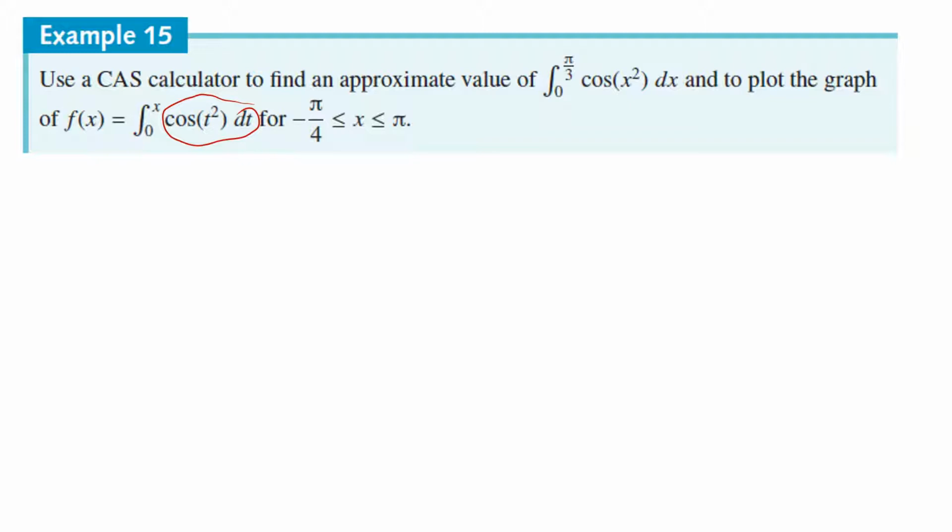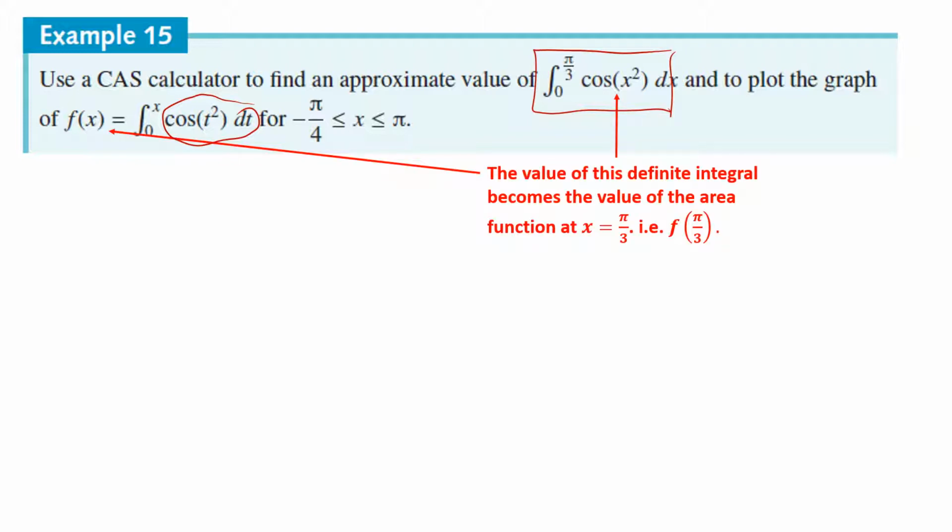Now, of course, this value can be obtained directly from your CAS, no big deal. But let's have a play with this net signed area function and see what we come up with. So the value of this definite integral becomes the value of the area function under the cos x squared graph from 0 to pi on 3.